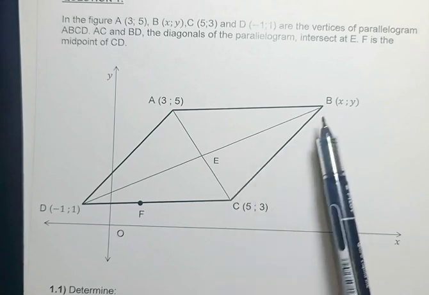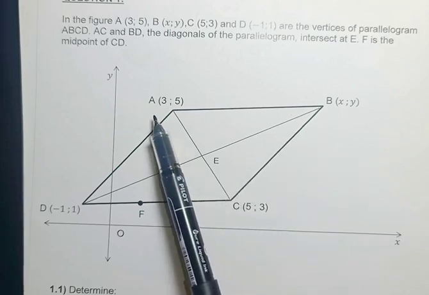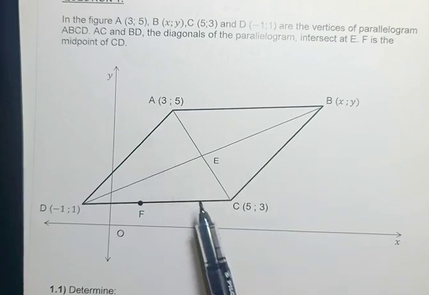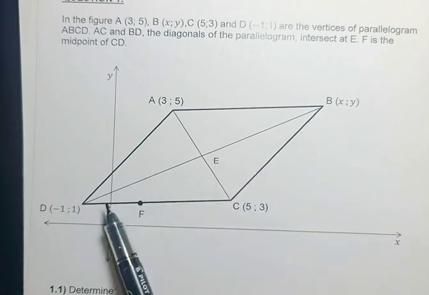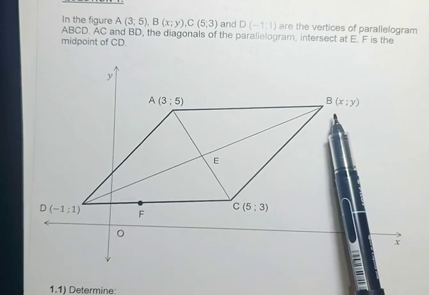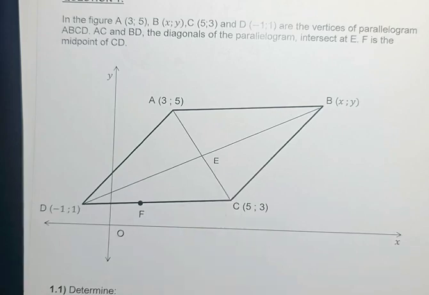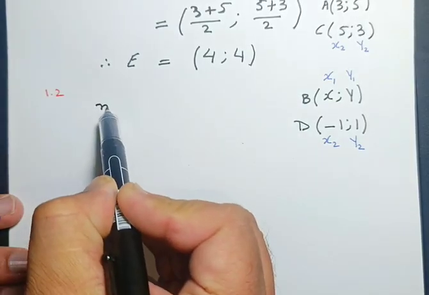I'm going to use the midpoint by calculation, because we have the midpoint of AC, which is E, and E is also the midpoint of BD. So I'm going to equate the midpoint of BD with the coordinates of E.